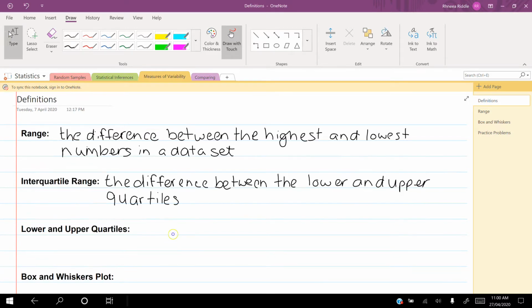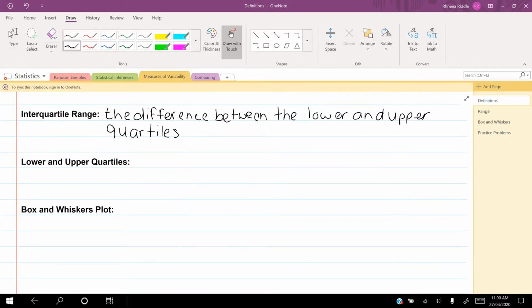So, the lower and upper quartiles are the median of the first half and the second half of a data set. So if you take the median of a data set and you find the median of the first half and the second half of it.